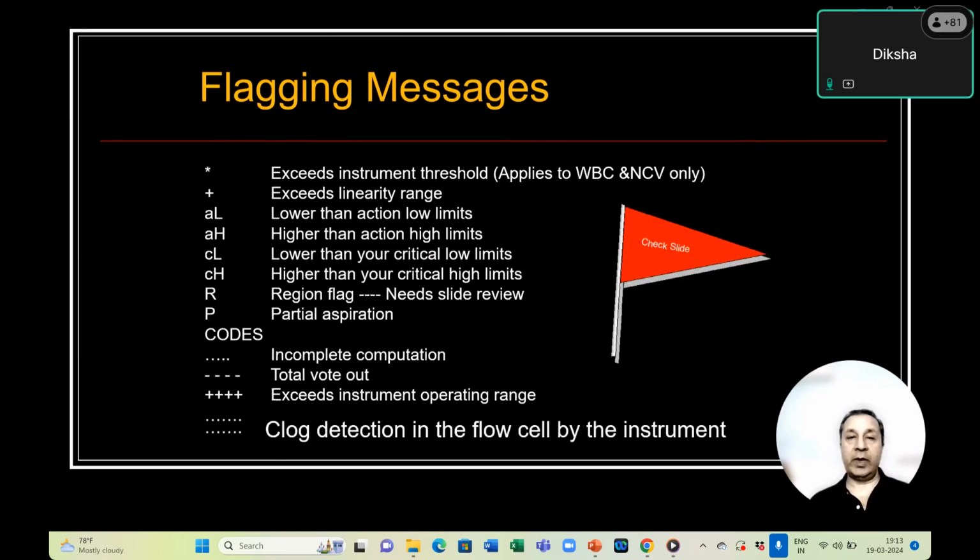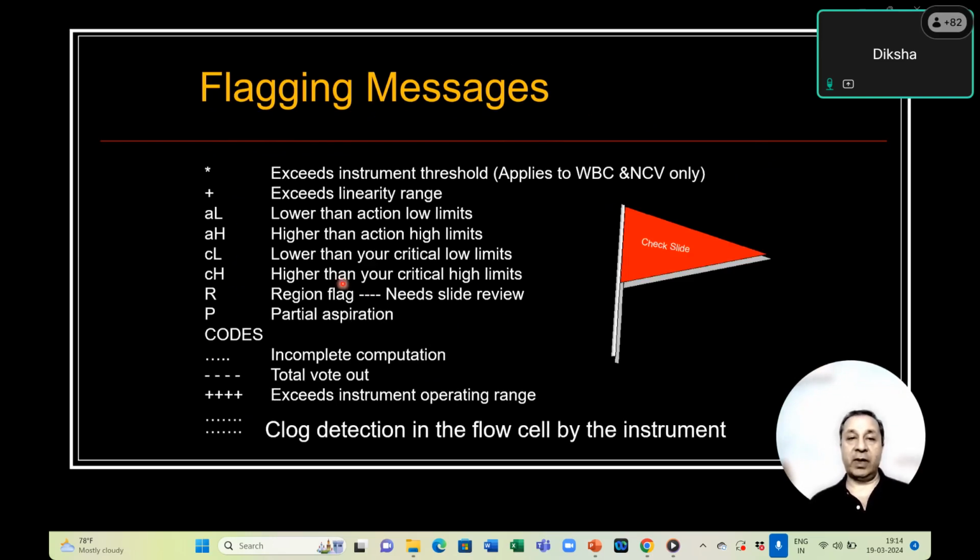Now, when you look at analyzer-based flagging messages which come across, some of the messages are common between most of the analyzers. However, there can be a specific methodology of alerting the user regarding the messages or flags which come in from different instruments. So getting familiar with your instrument becomes very important as far as the flagging messages are concerned.